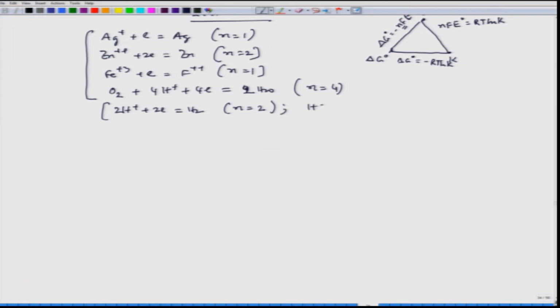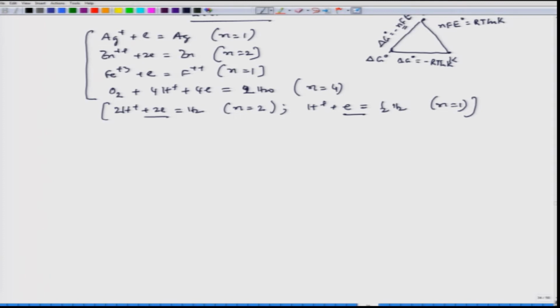Interestingly, if I write this way, then n equal to 1. We will see later on that whether you take this reaction or that reaction, it does not matter, you will get the same potential value.